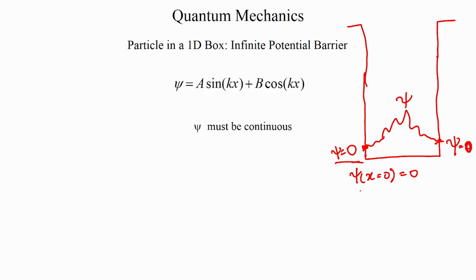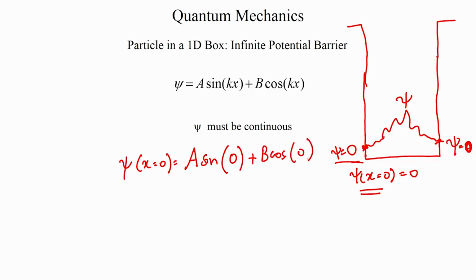So we first apply this condition that psi at x equal to 0 is 0. So psi at x equal to 0 is a sine of k into x, which is 0, plus b cosine of k into x, which is 0. This turns out to be 0 plus b, equal to the wave function at x equal to 0.